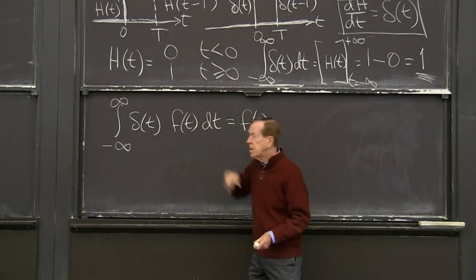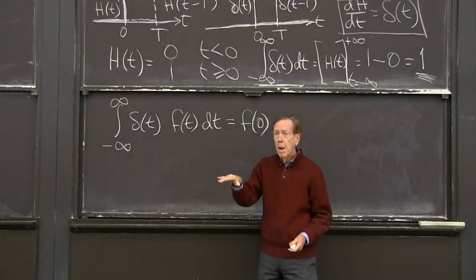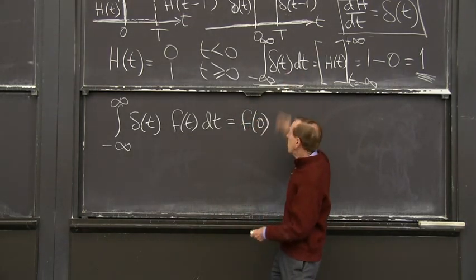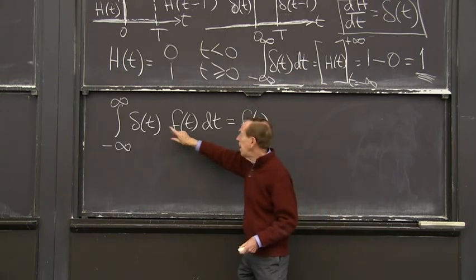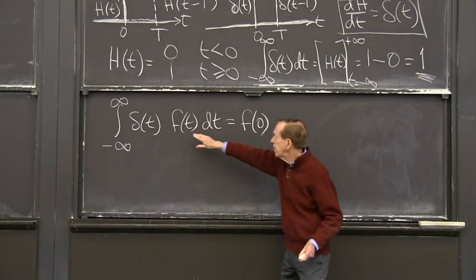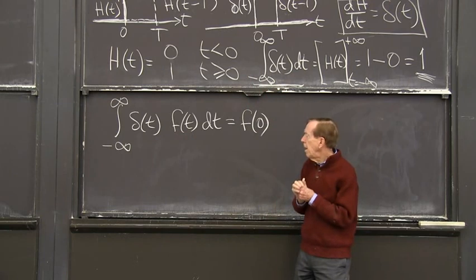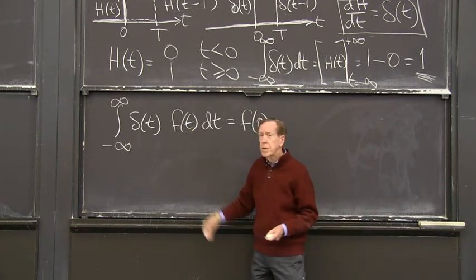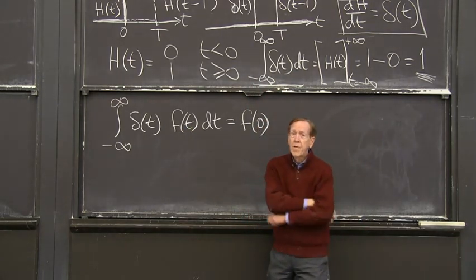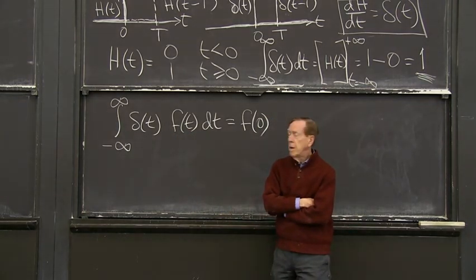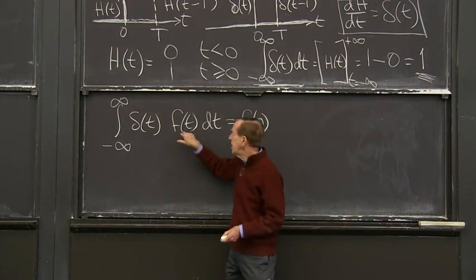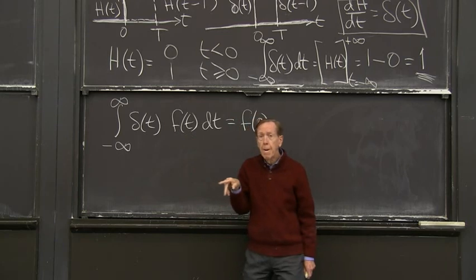So if f of t was the constant function 1, then we're back to our integral up there. If that's just 1, I'm integrating delta of t. My function is 1. I get 1. But suppose that function is sine t. What's the integral of delta of t times sine t dt?